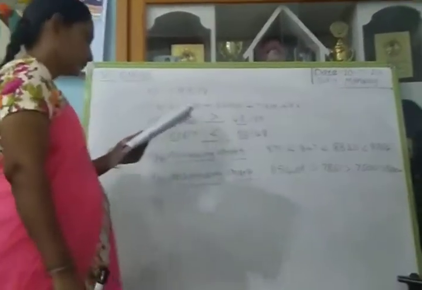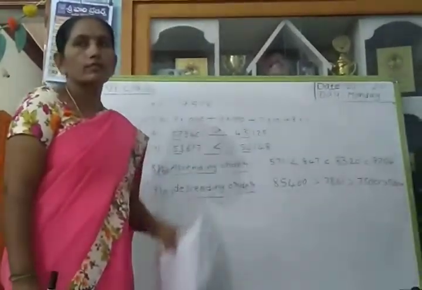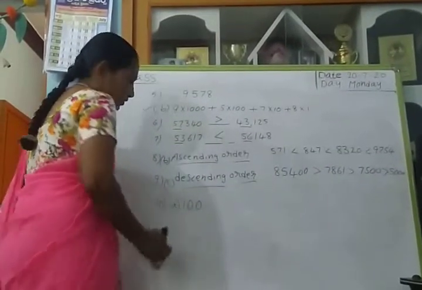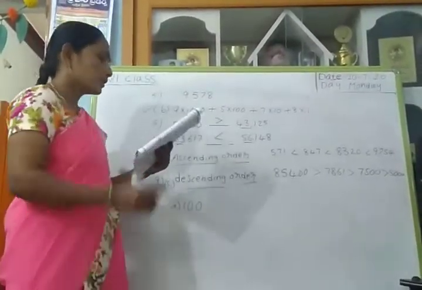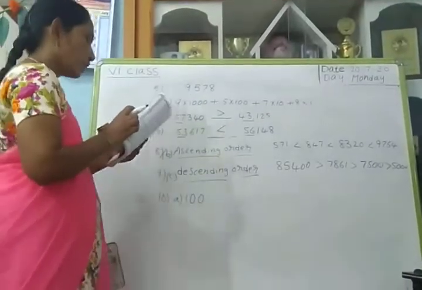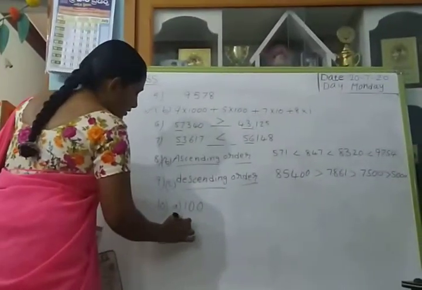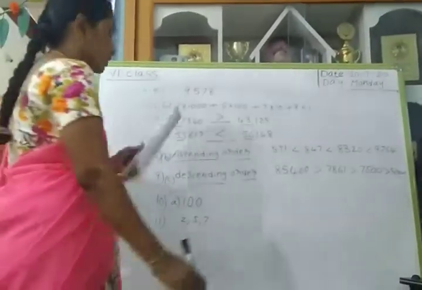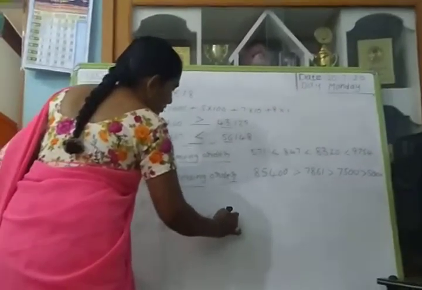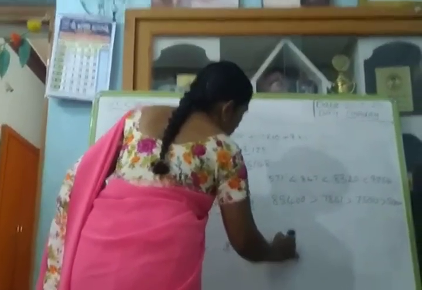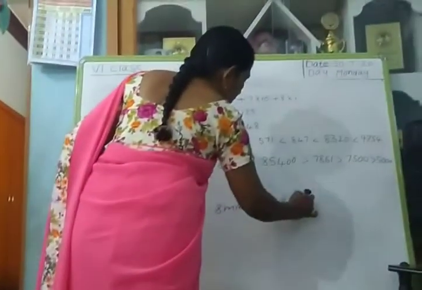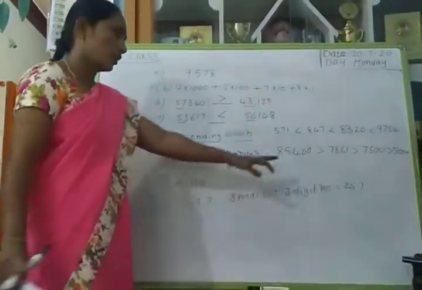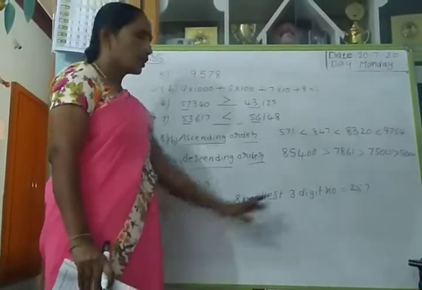Next, 10th one: smallest 3-digit number. Which is the smallest 3-digit number? 100, so option A. The smallest 3-digit number formed using the digits 257: what do we have to form? The smallest 3-digit number. When writing the smallest number, arrange the digits from smaller to bigger.